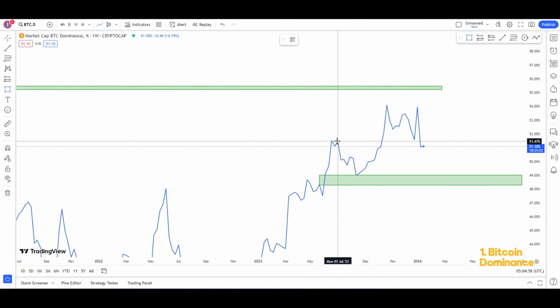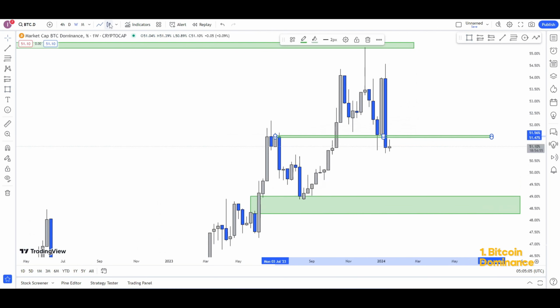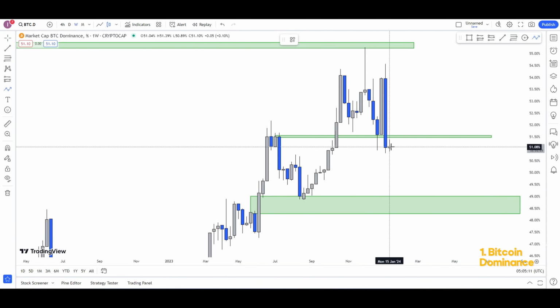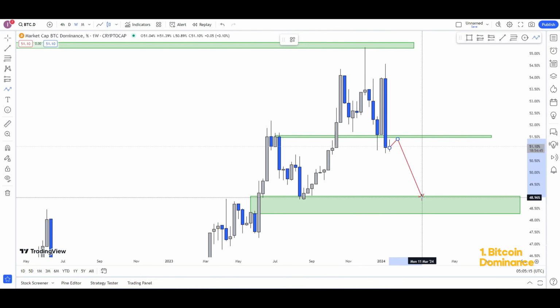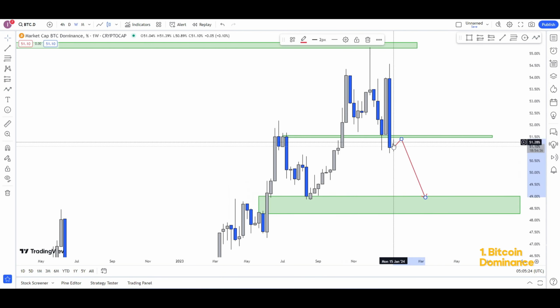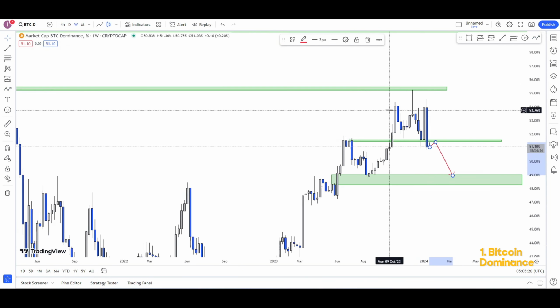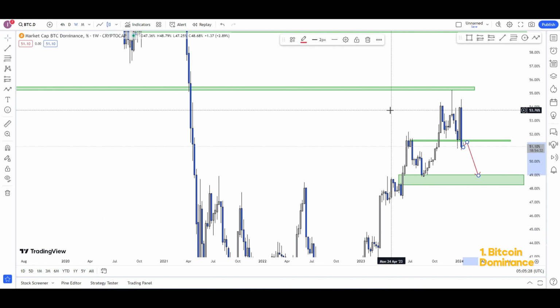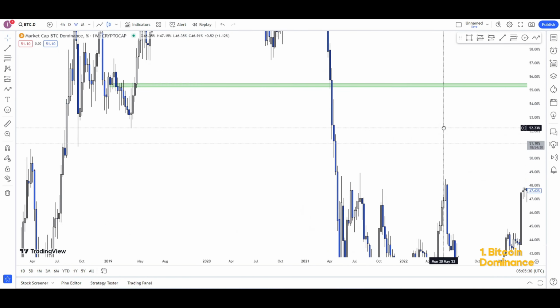This base is actually a weak base, and it's broken. Once a base or zone is broken, the price will move on to the next zone. So this justifies the drop in Bitcoin dominance.